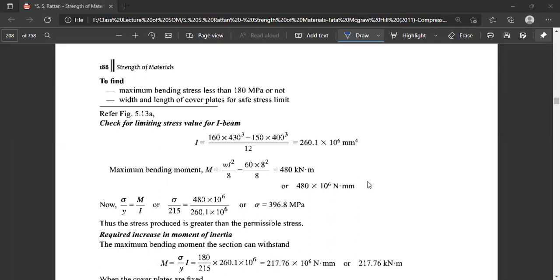So from the bending equation, sigma by y equal to M divided by I, where sigma is the bending stress induced, and y is the maximum distance of the furthermost fiber, which is half of the height of the beam, that is 430 millimeter divided by 2, equal to 215.